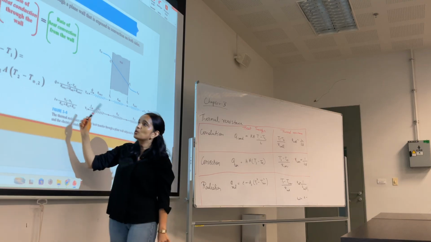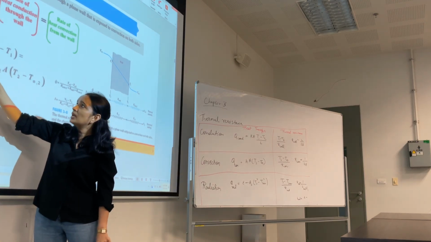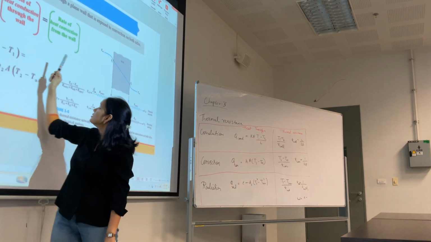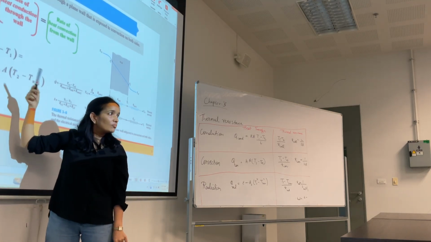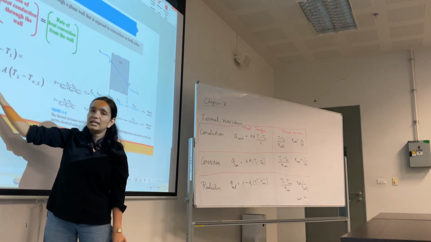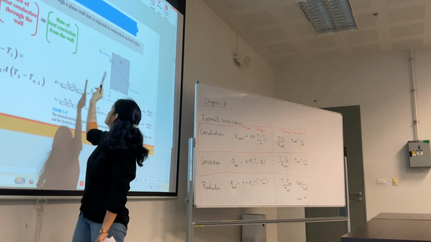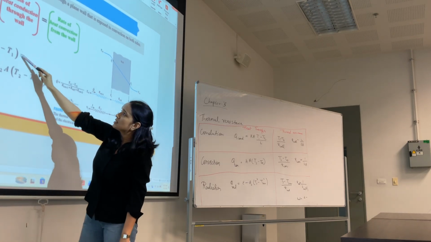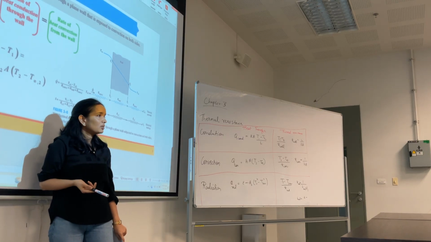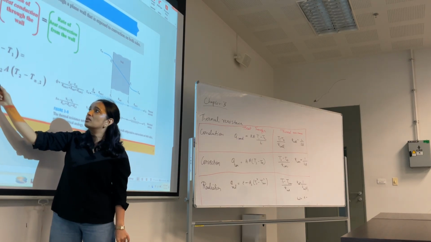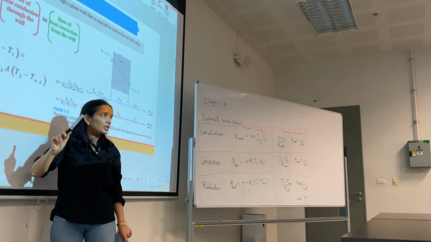So you will write h1 A times T infinity 1 minus T1 by convection, this by conduction from T1 to T2. This is equal to this, and this is equal to this, because heat transfer is steady and not changing with time.